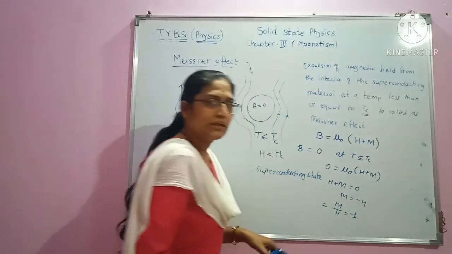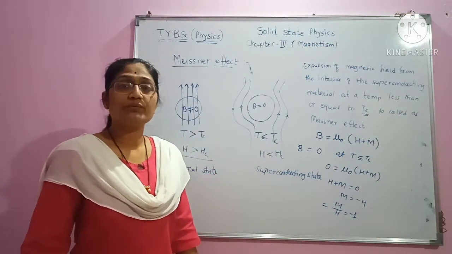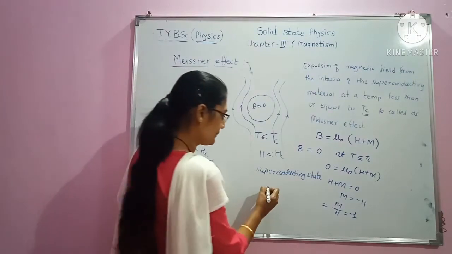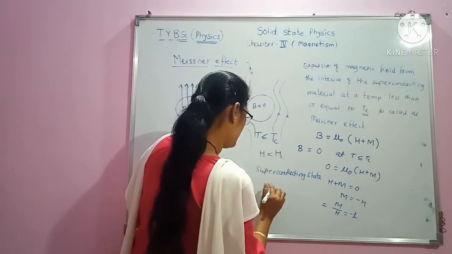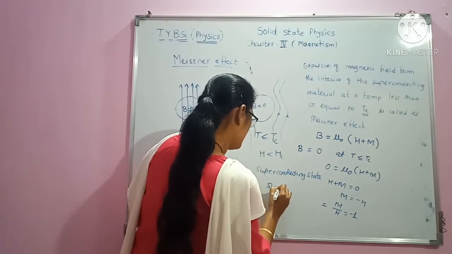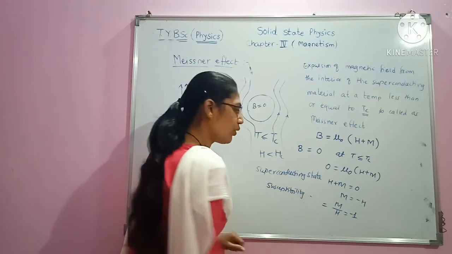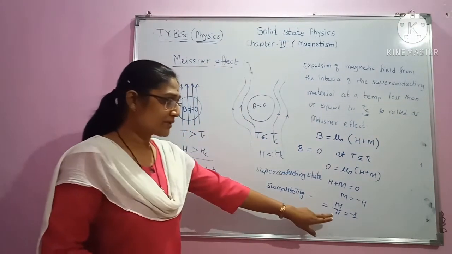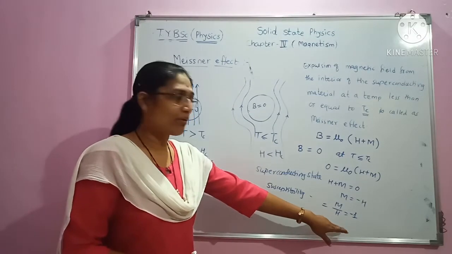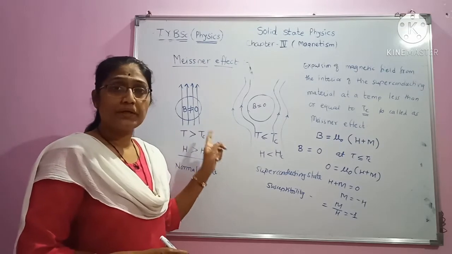But we know that M upon H is the value of the susceptibility. It's the value of susceptibility of the superconducting materials, and the susceptibility value is found to be minus 1 in case of superconducting materials.